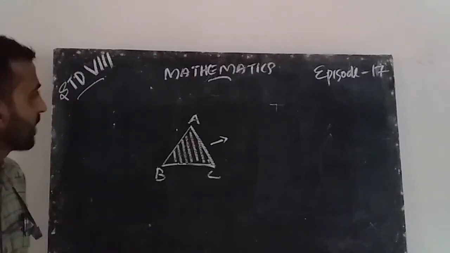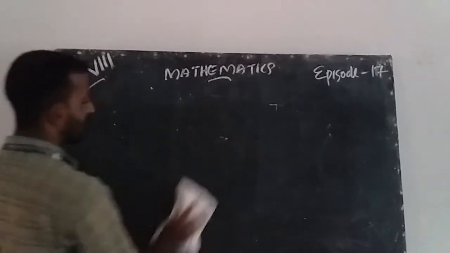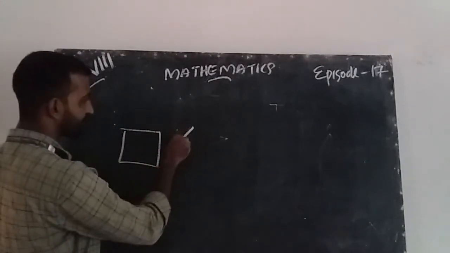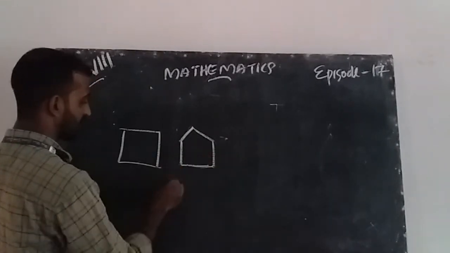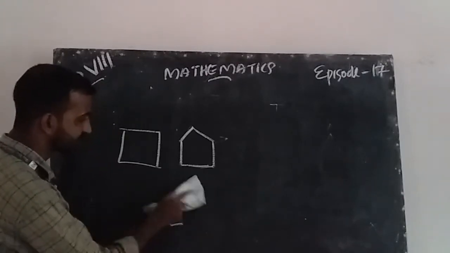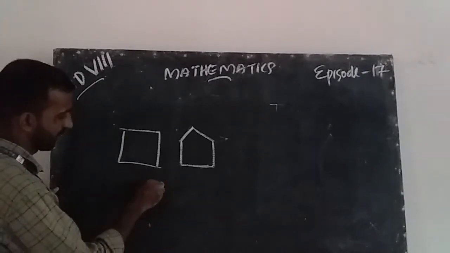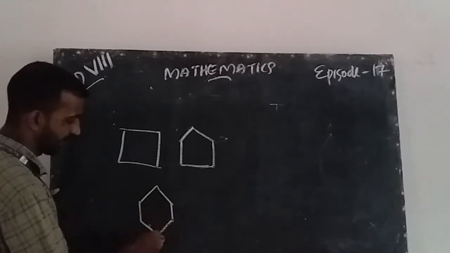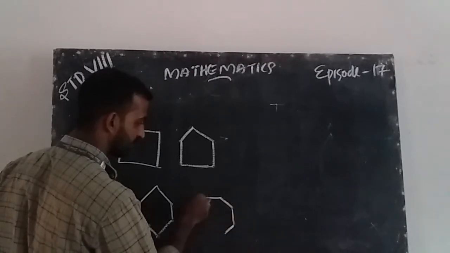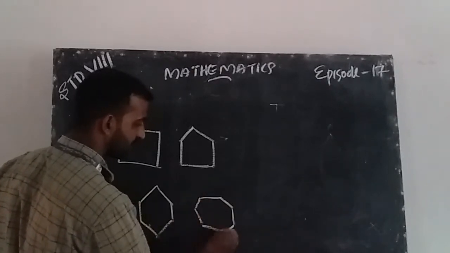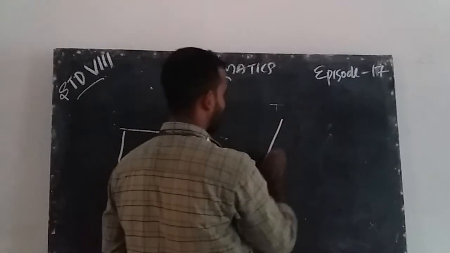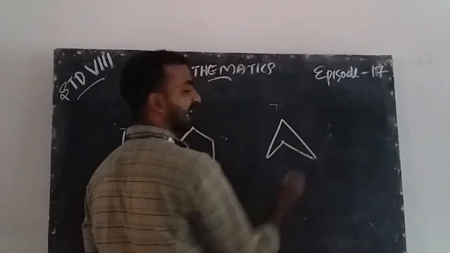Next we are discussing convex and concave polygons. Convex polygon means these are the convex polygons. And a concave polygon is one where there is a caved-in portion.